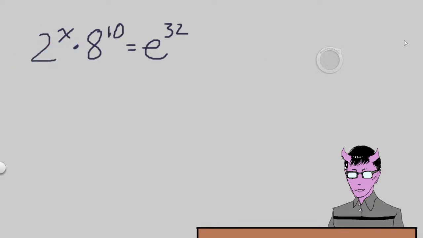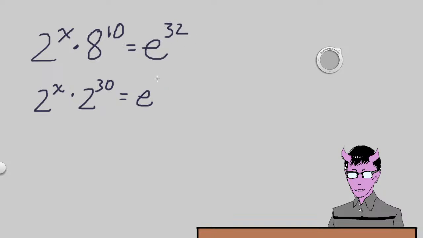But now, you can't match with this e. You can get this base 8 to match with this base 2, right? By changing this one into base 2 to the power of 3. And then just use your distributive property of exponent. Just take that 10, distribute it to that exponent, thereby getting 2 to the power of 30.